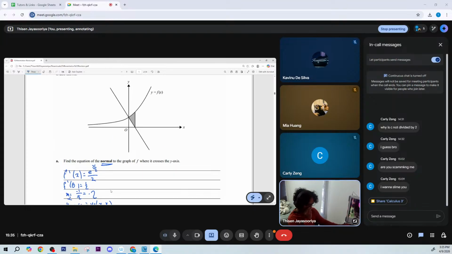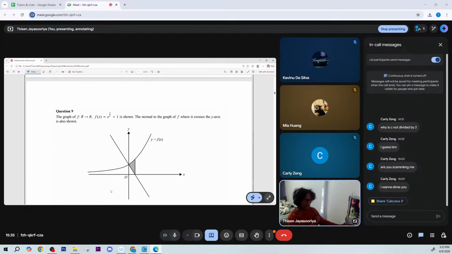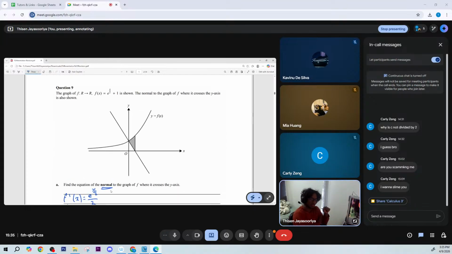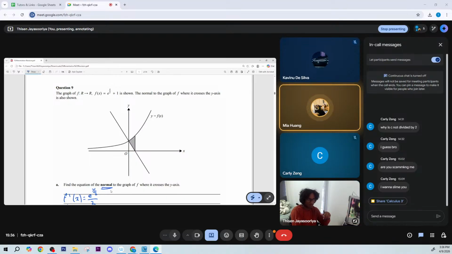So here, how can we find x1 and y1? Is it the y-intercept or no?